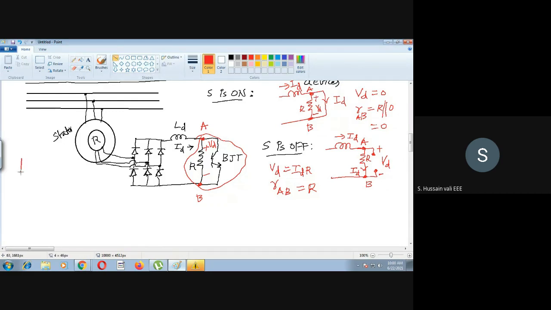First I will draw the waveform of RAB. Here it is T on, T. Till the switch is on, what is RAB? You got 0. When the switch is off, you got R. So you will get something like this.